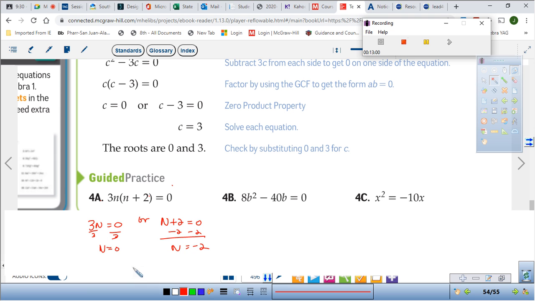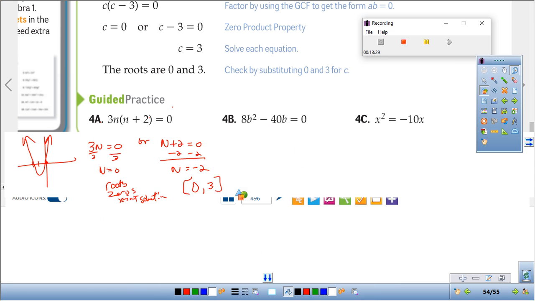So when n, x, y, whatever, they don't care, when n is 0 and negative 2, you have your graph going like this. You guys got it? So what's my answer? You can say the roots, the zeros, the x-intercept, the solution are what? 0 and 3. You can just put them like that, the set of those two.